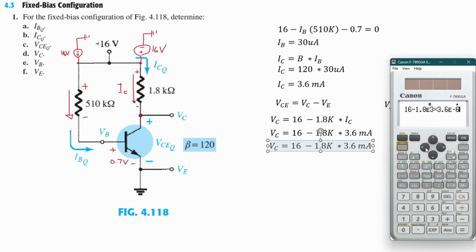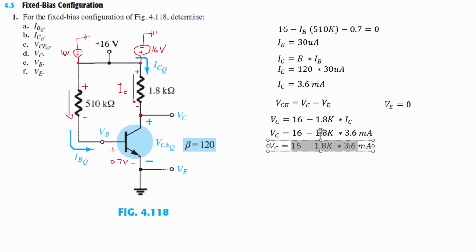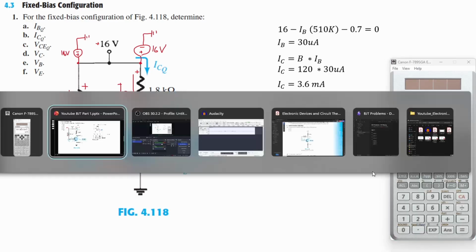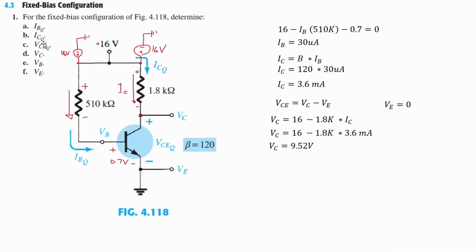So, once again, let's solve. Yan. Okay. 16 minus 1.8K times 3.6 milliamp. Equal siya sa 9.52. So, yan yung value ng VC. 9.52 volts. Okay. We have solved IB, IC.